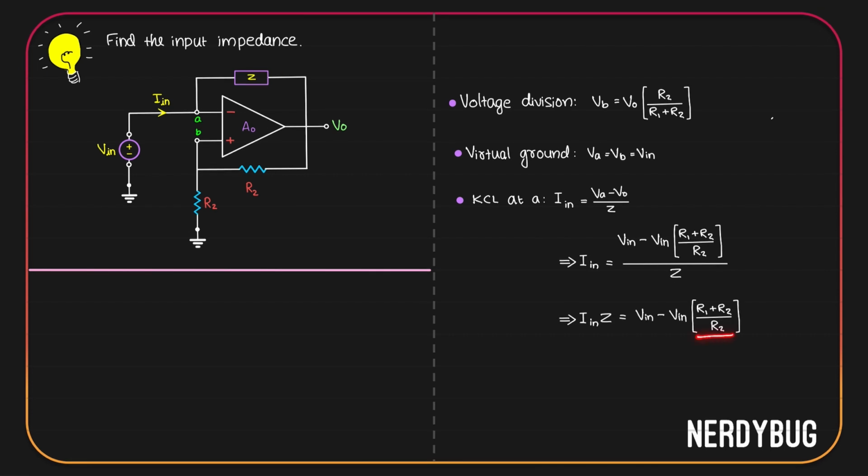R1 plus R2 by R2 is R1 by R2 plus 1. Let's take V in as common from these two terms. Then plus 1 and minus 1 will get cancelled. What we need is the input impedance. It is V in divided by I in. From here, we can easily see that it is negative of ZR2 divided by R1.